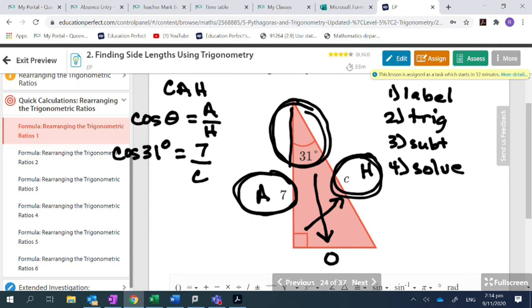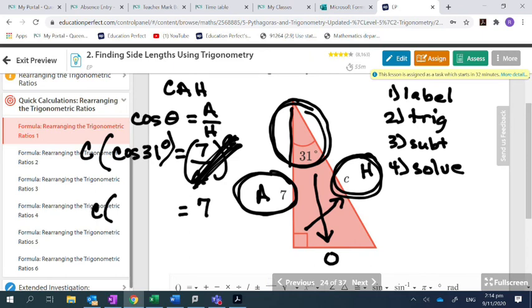So what is the only denominator up there? C. So to clear the fractions, I'm going to multiply how many sides by C? Both sides by C. Now on this side, C divided by C is simply going to divide away. That's the whole point, right? What does that leave me with on this side of the equal symbol? Just the 7. On this side, I have C times the cosine of 31 degrees.